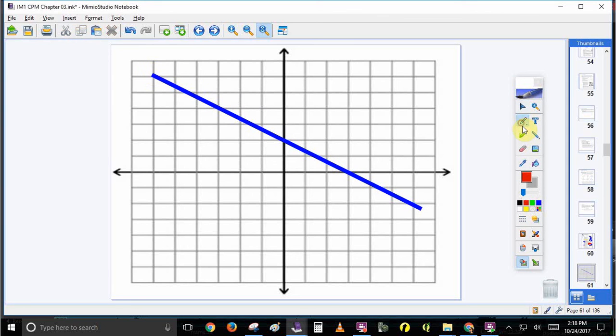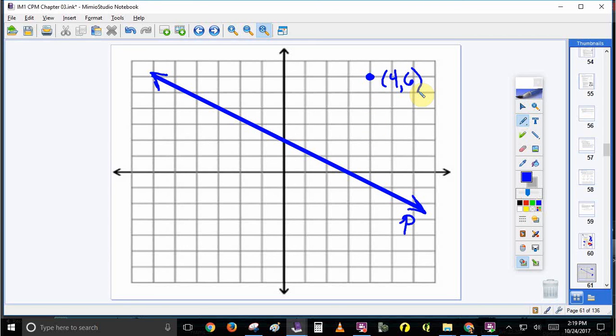And let's call that line P. And we want to do a perpendicular line that goes through this point right here, which is at 4, 6.